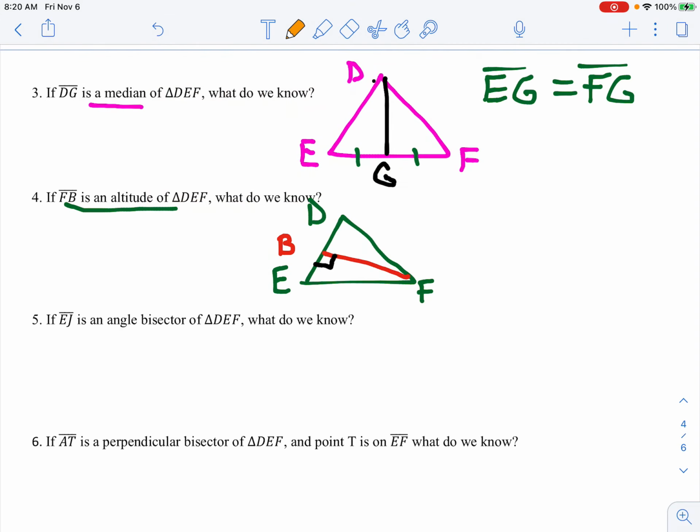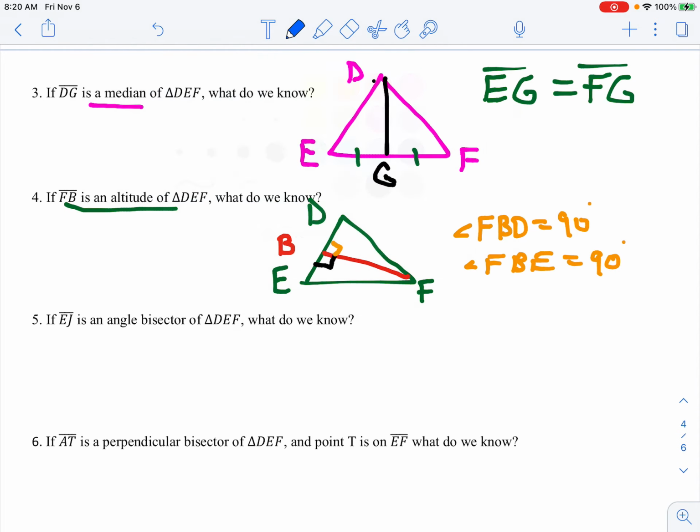Remember, if that one's 90, then the one next to it has to be 90 because they add up to 180 on a straight line. So technically in this picture, if I use three letters and name it, angle FBD equals 90 degrees, and angle FBE equals 90 degrees. All right, let's keep going.